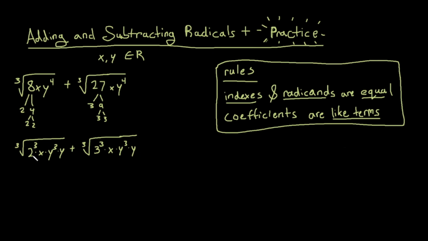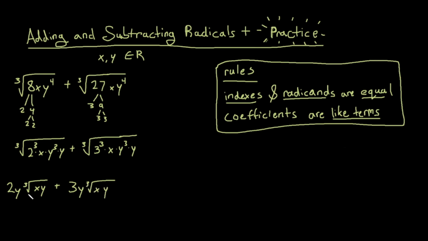Now, we'll see that we have two perfect cubes, so we can bring these both out. So we have 2y cube root of xy plus, you can see this can also be taken out, and this, so we have 3y cube root xy.